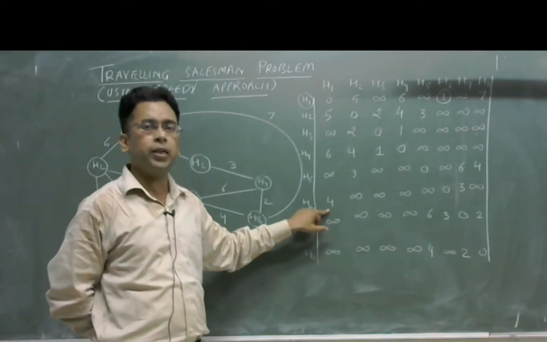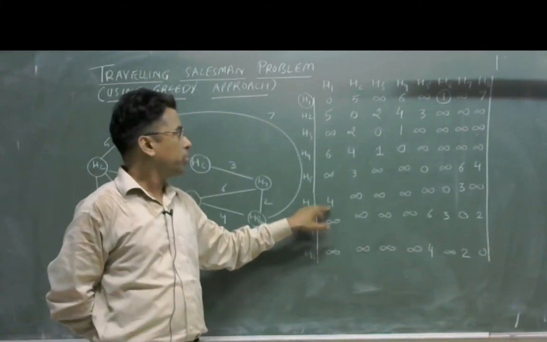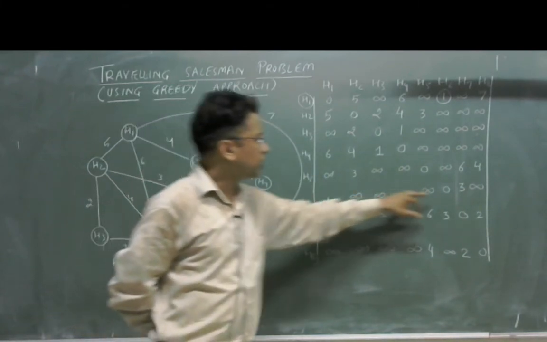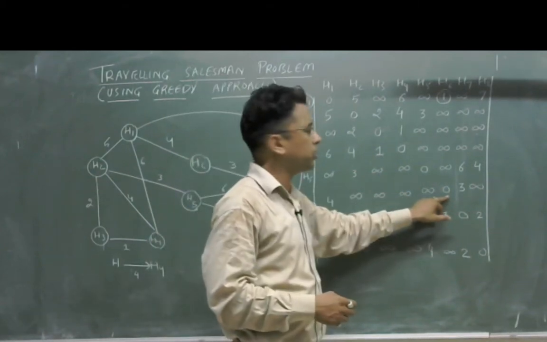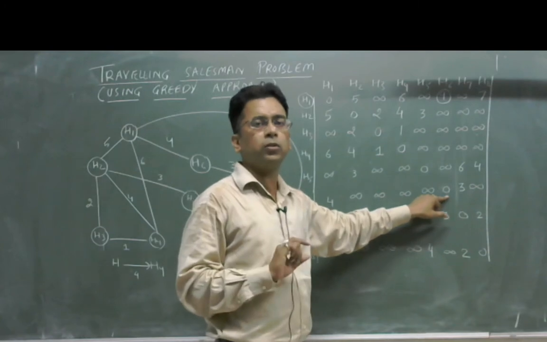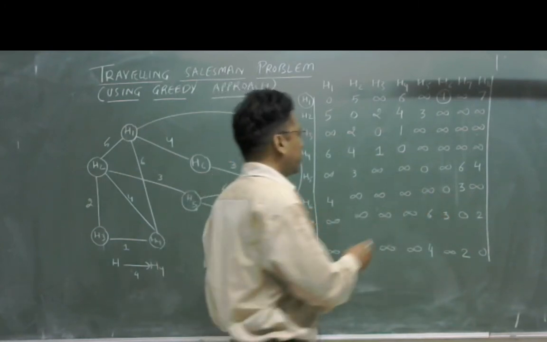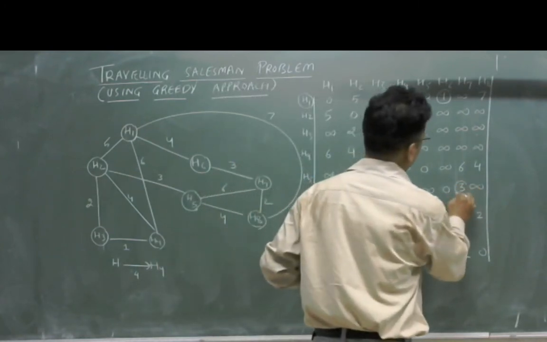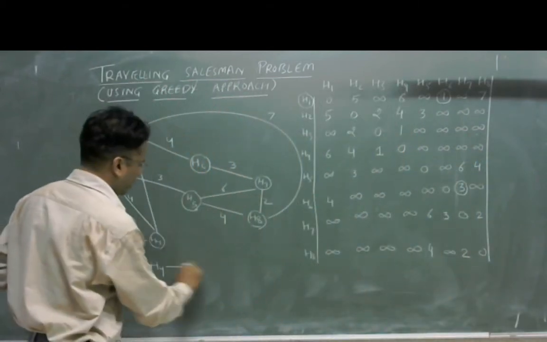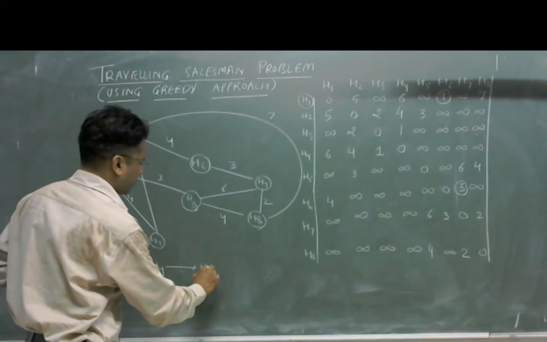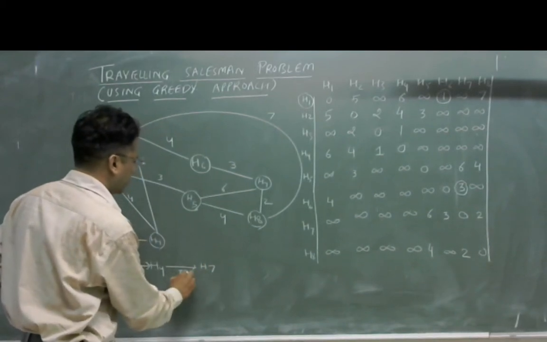This is the basic condition of the traveling salesman problem. So among these, 3 is minimum. H6 will not be chosen because H6 is also a covered node. So we shall select this node H7 at distance 3.